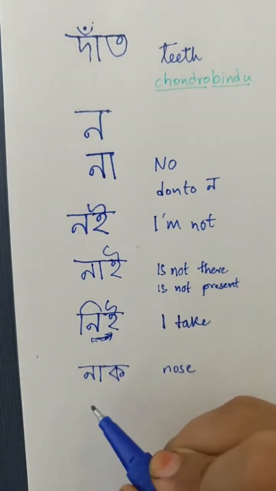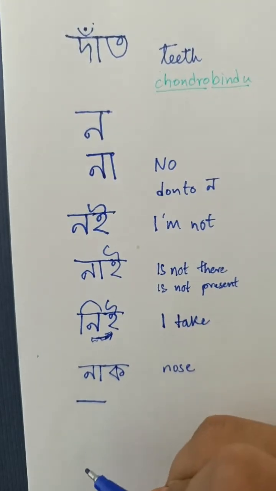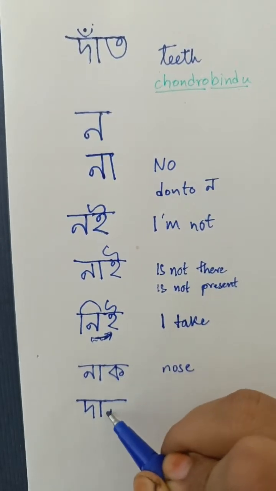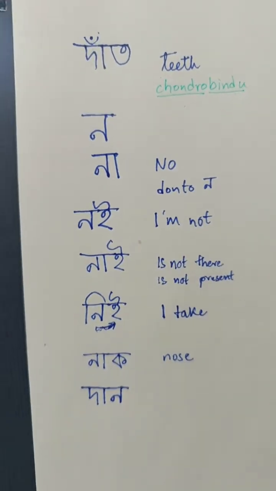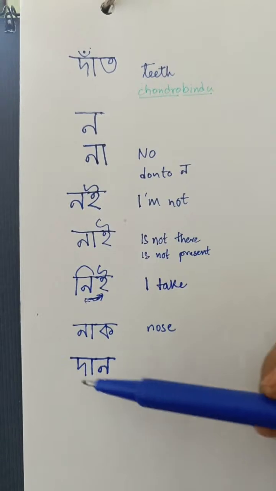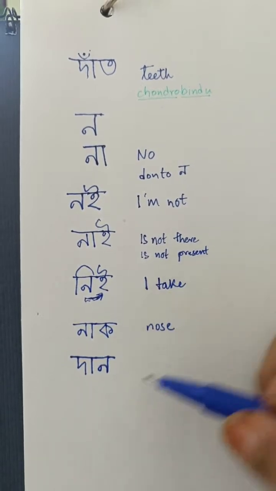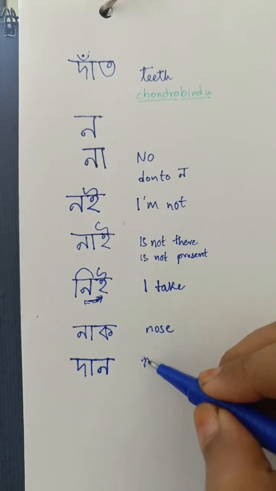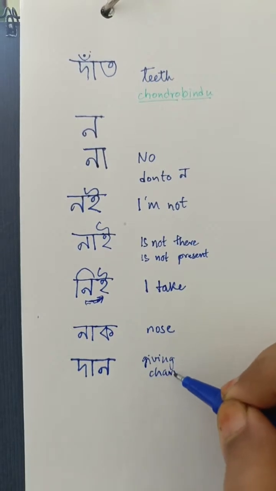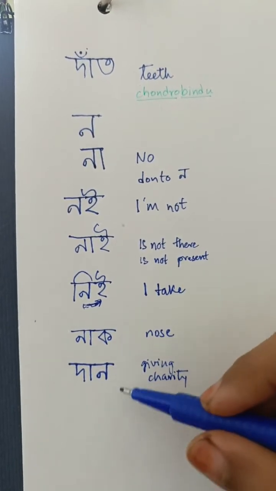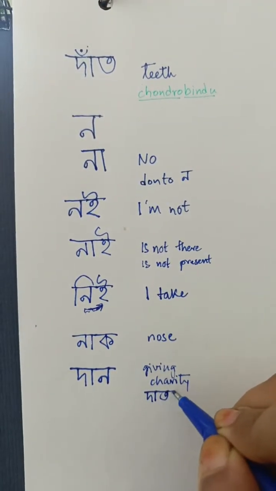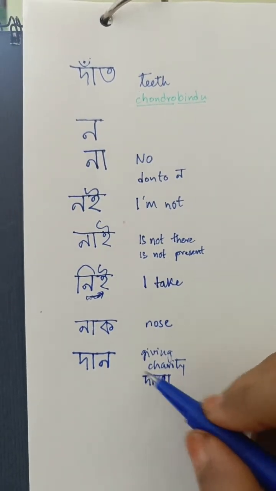Let's do a word where na is not in the beginning. Okay. What is this word? Dayakar, danto na. Dan. This means giving or charity. If you remember the word data that we did before, data is someone who does dan.